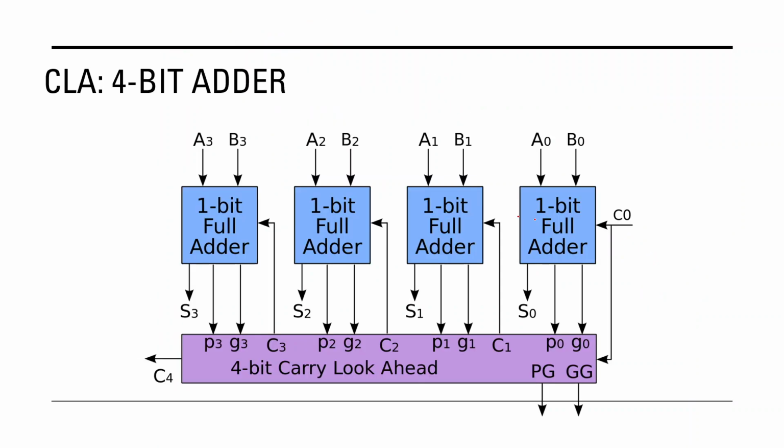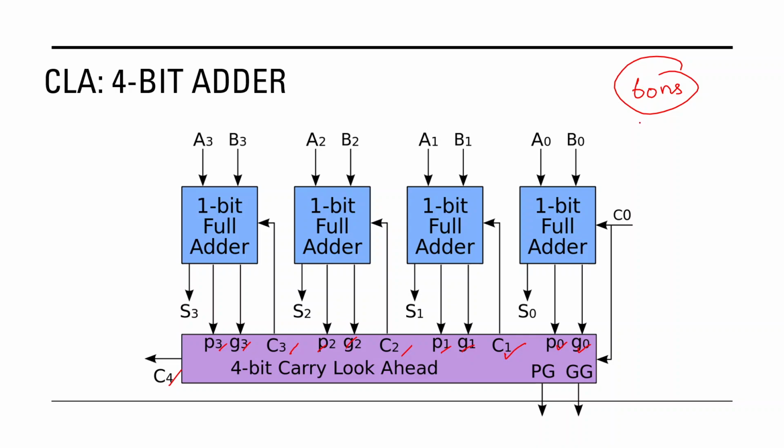So you can see here the carry look-ahead 4-bit full adder, A0, B0, where we compute P0 and G0. With P0 and G0, we can compute C1, and then P1, G1, C2, P2, G2, C3, P3, G3, C4. So all of C1, C2, C3, C4 can be computed parallelly. For example, a ripple carry adder requires 60 nanoseconds of delay to produce output.